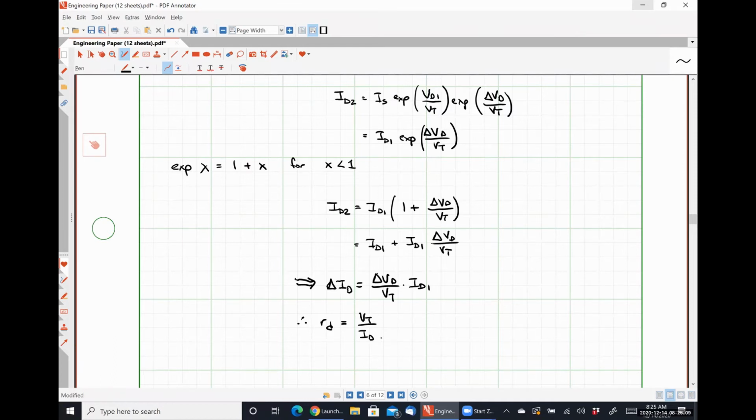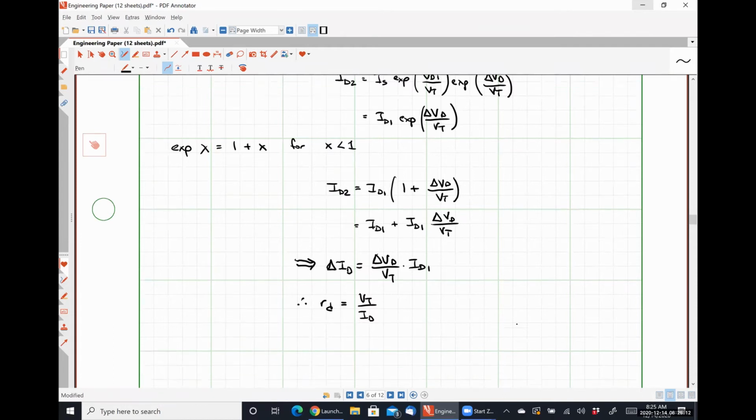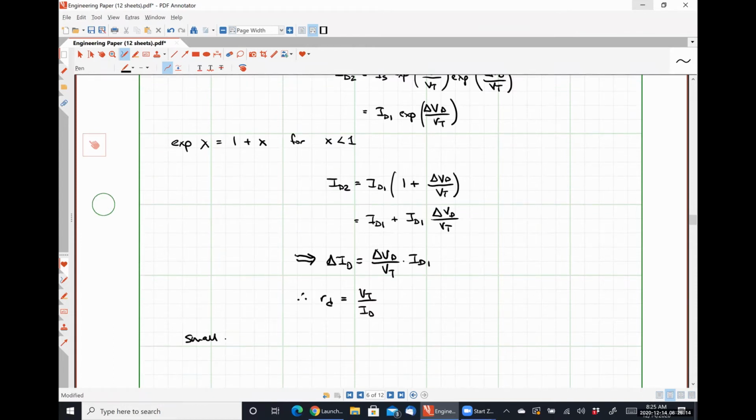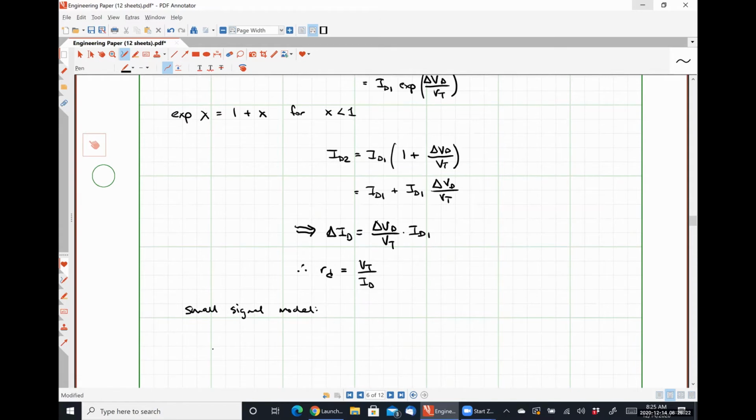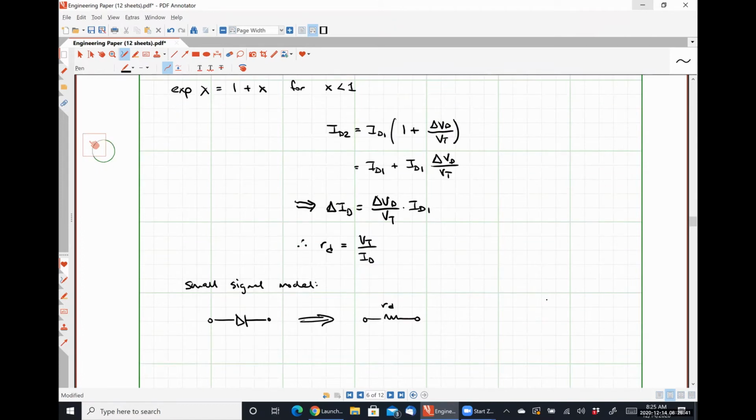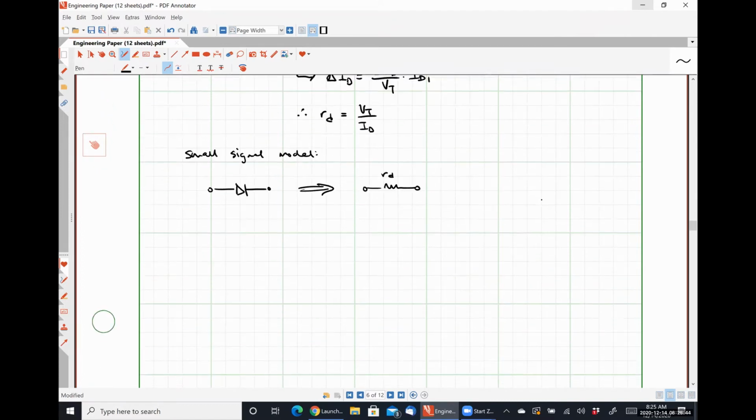So for our small signal model, we go from a diode to this resistance RD. Now this is only applicable for the small signal portion. And so let me explain what I mean by that, all right?